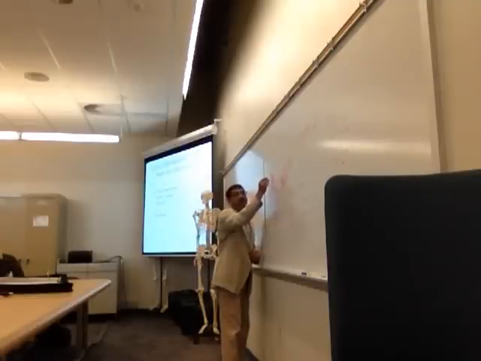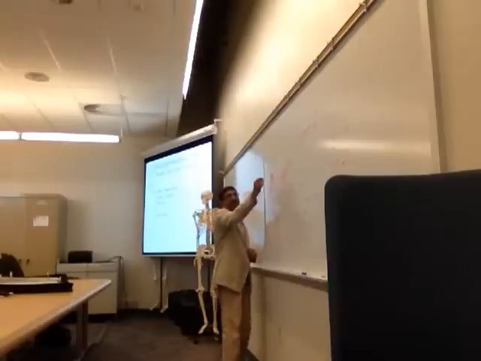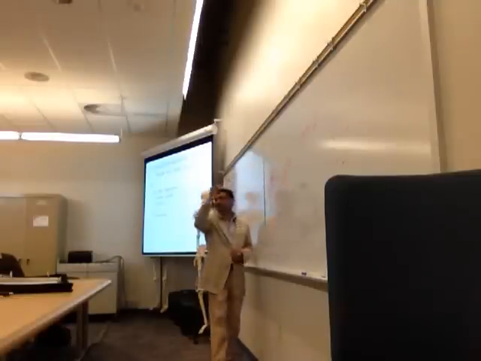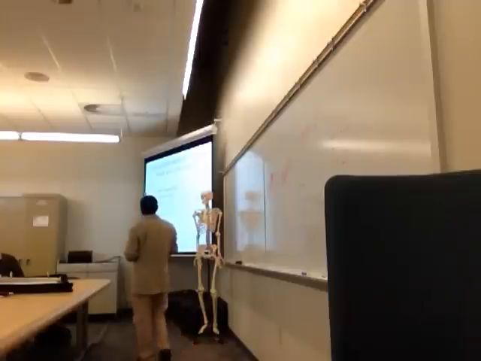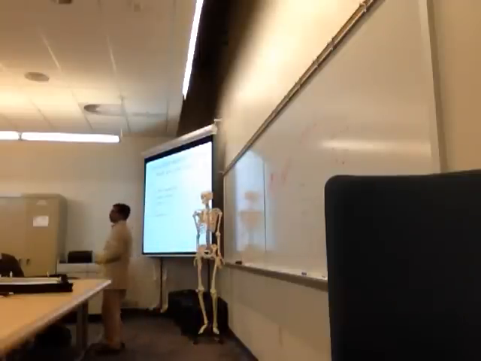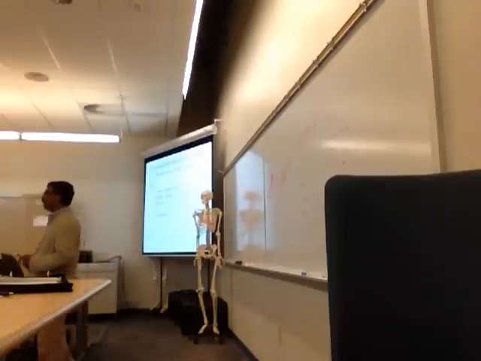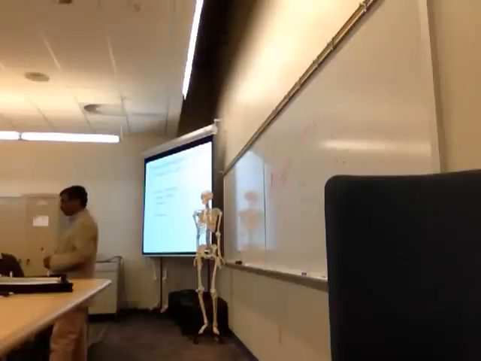Then, while the fluid or urine is passing through the nephron, what happens? First we'll see what happens in the proximal convoluted tubule, the first one. In the proximal convoluted tubule, 65% of the volume of fluid will be reabsorbed.